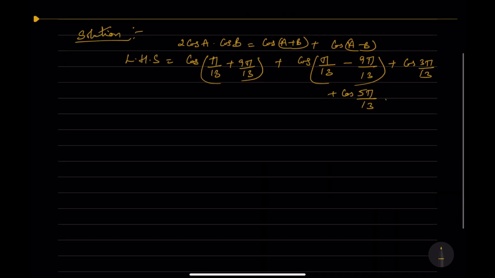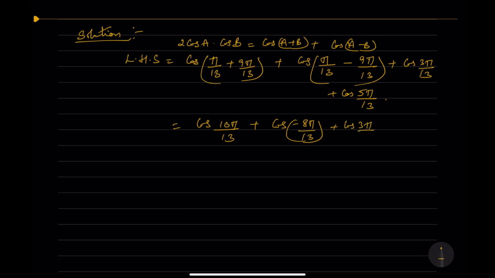So now this is equal to cos of 10 pi by 13 plus cos of minus 8 pi by 13 plus cos 3 pi by 13 plus cos 5 pi by 13.